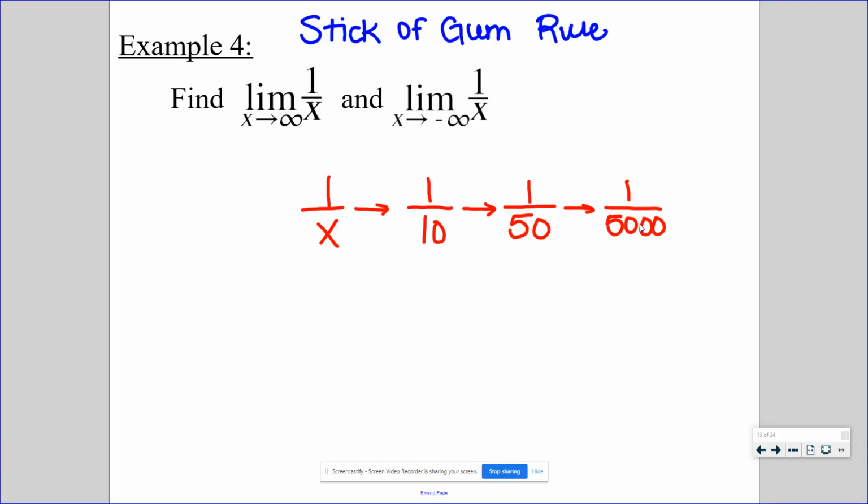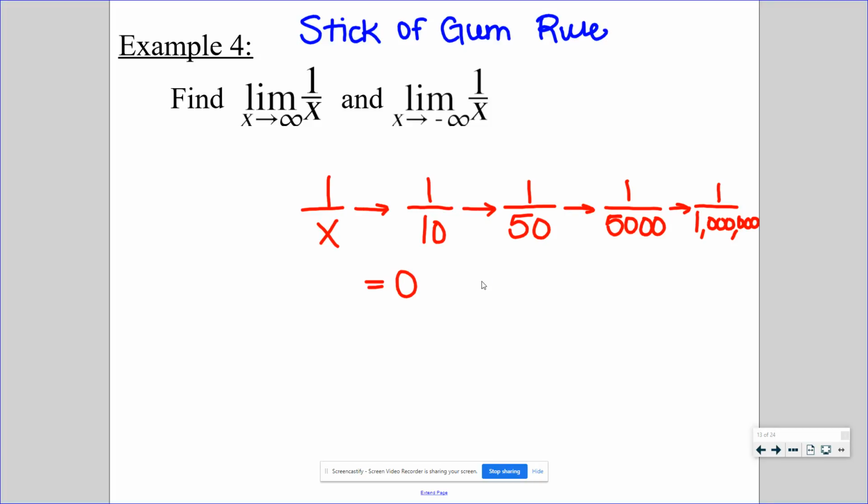Because in my head, it would be so small that I wouldn't even be able to see it, especially if you keep increasing the number of people that you're going to share this stick of gum with, right? So basically what I'm saying is, if you divide your stick of gum by a very large number, you're basically going to end up with approximately no gum, right?